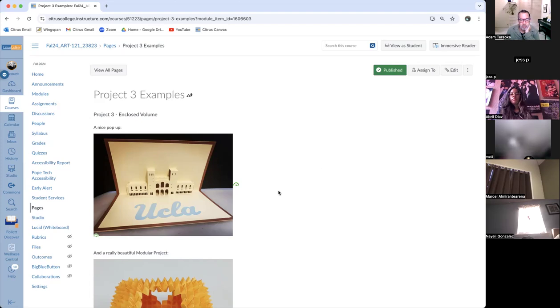There's better pop-up examples, I think. Okay, so if you do a pop-up, this is a pop-up that was done, and one of the things that I liked about this pop-up was it was simple but cleanly done, right? Very simple.